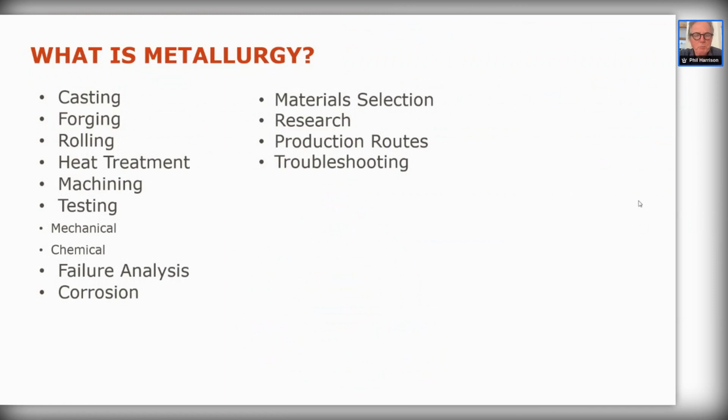It's a fantastic process for making shapes which are difficult to make by any other technique. I'm not saying impossible to make, but very difficult to make by any other technique. But the major limitation is on the properties. We have to modify the properties. The reason behind this is a cast structure is inherently less dense than a hot work structure.